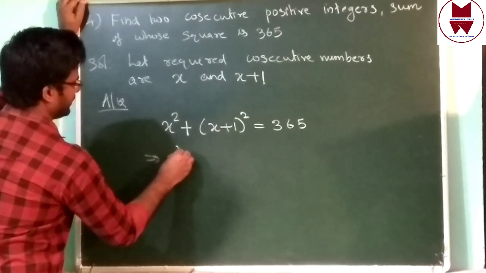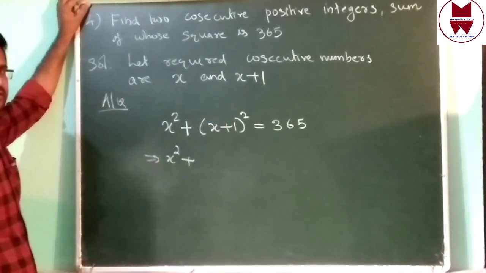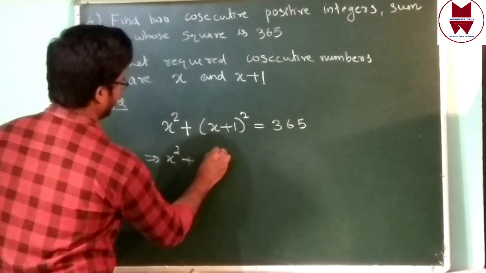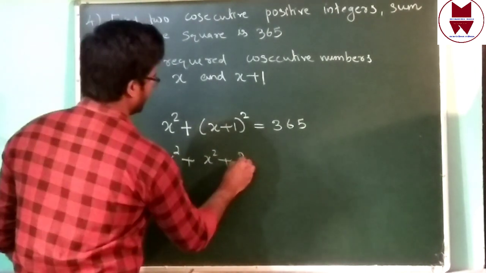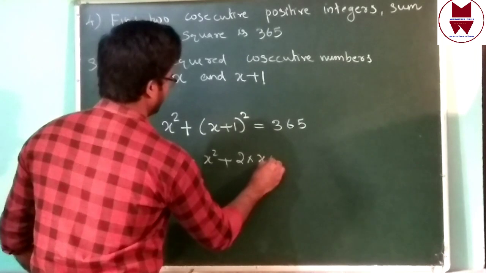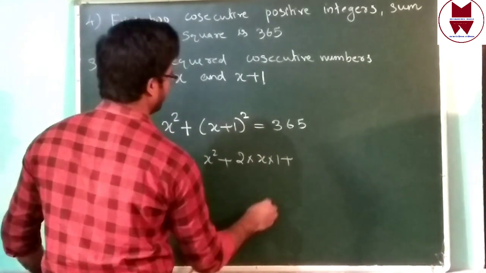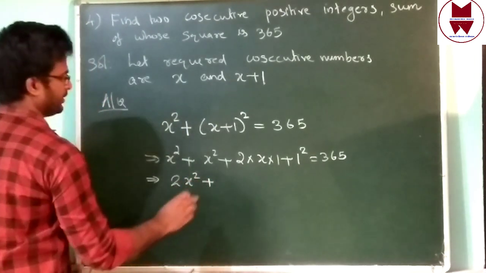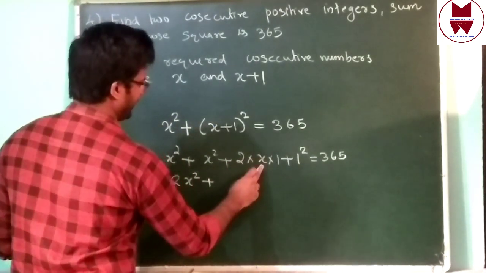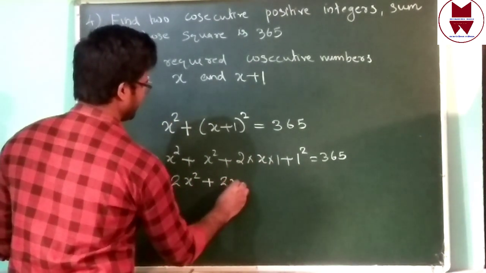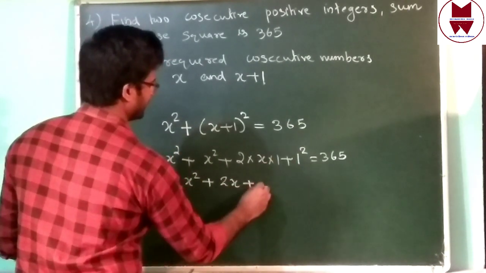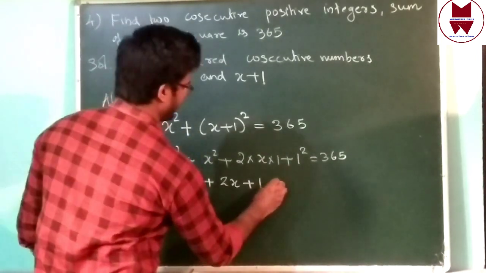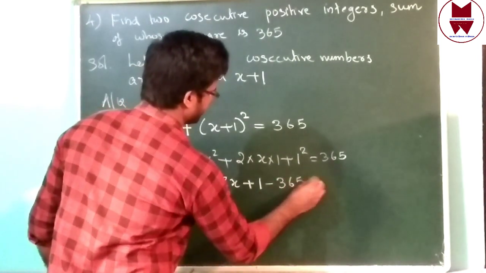Remove bracket using (a plus b) whole square, a square plus 2ab plus b square: x square plus 2 into x into 1, 2x, plus 1 square is 1. This 365 bring to left side, that will be minus 365.